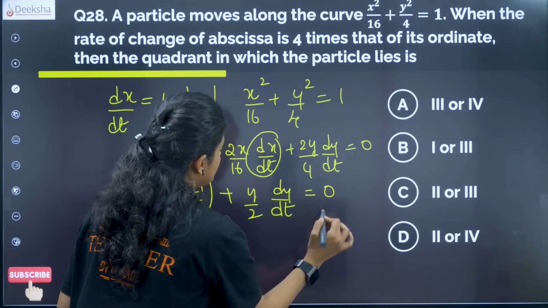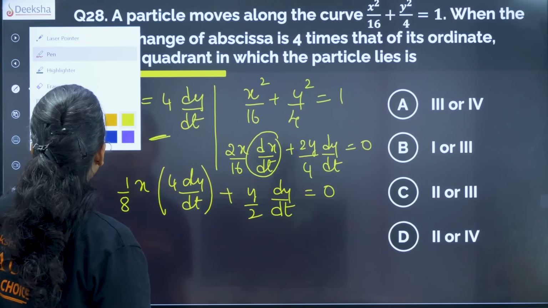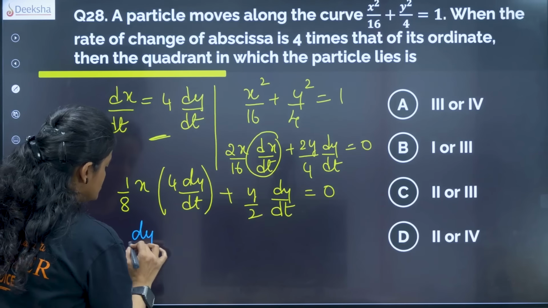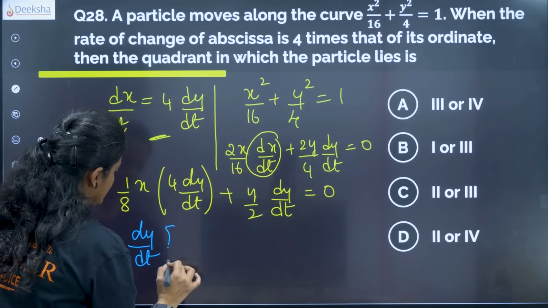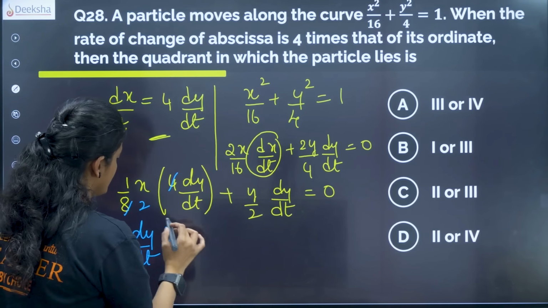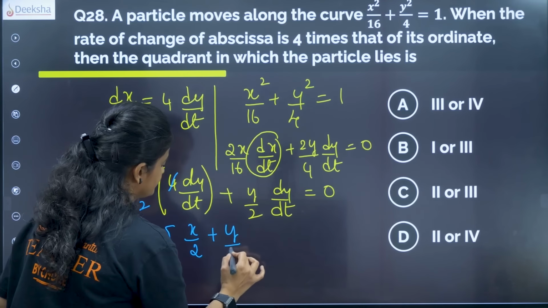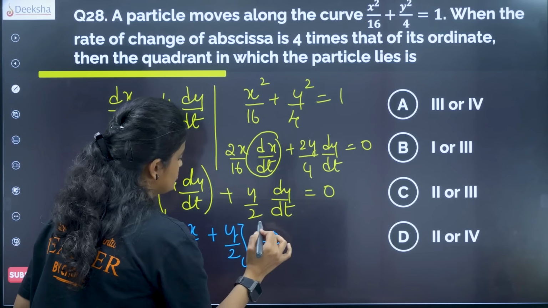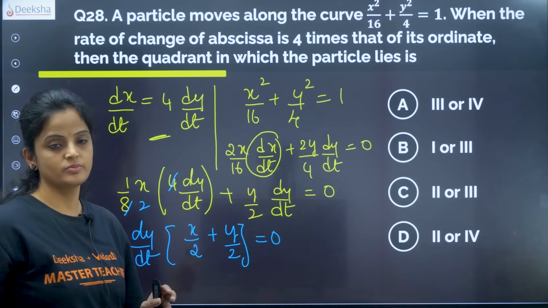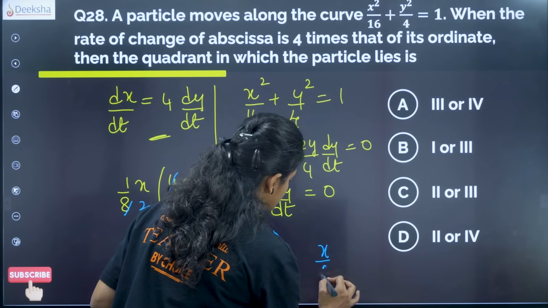What you need to do here, after this, take the common. So what is common here? dy by dt. So take dy by dt outside. I have cancelled, so I have x by 2 and y by 2. This is equal to 0. The derivative has to be 0 or this value has to be 0. Correct? Now I'll take the value, equate it to 0.